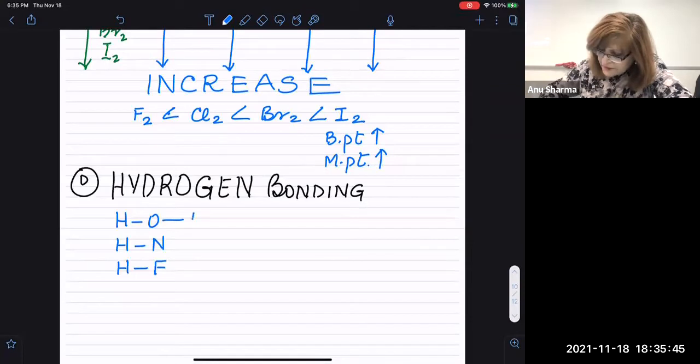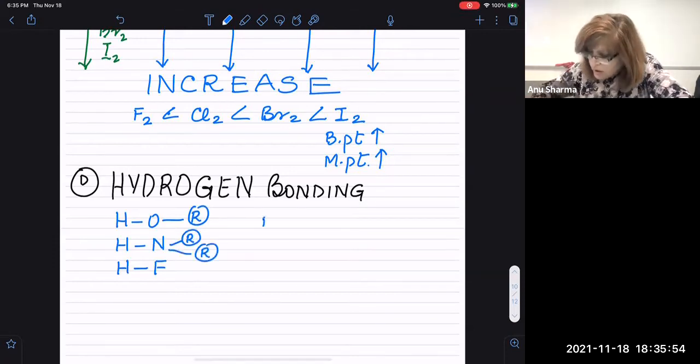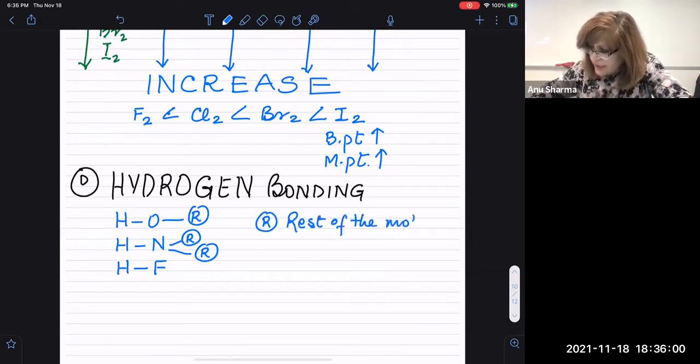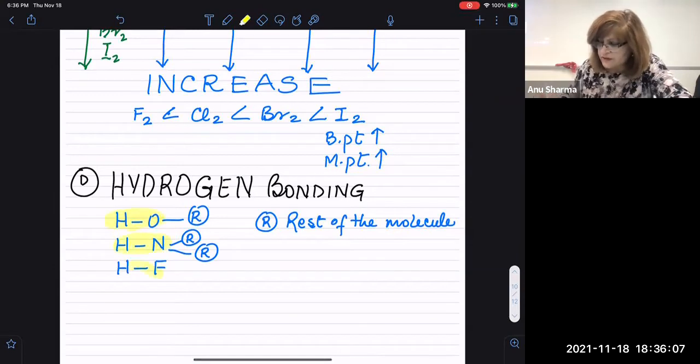What is here is the rest of the molecule, we don't care. R is the rest of the molecule. But as long as you have the OH, the NH, or the HF, there is going to be hydrogen bonding.